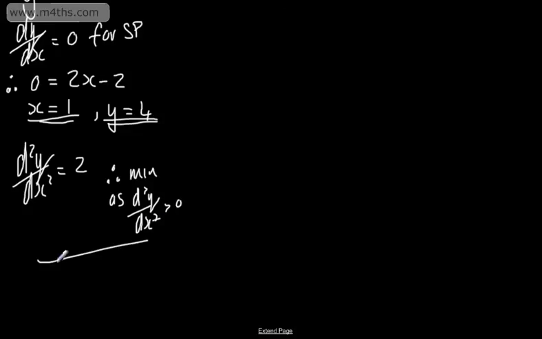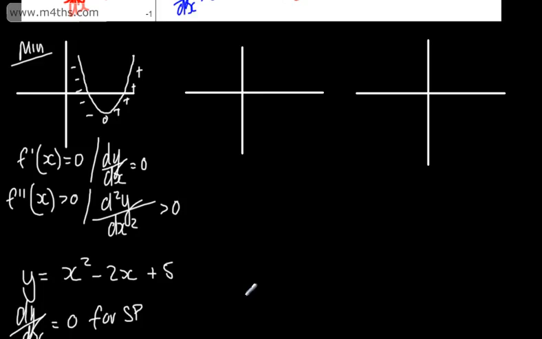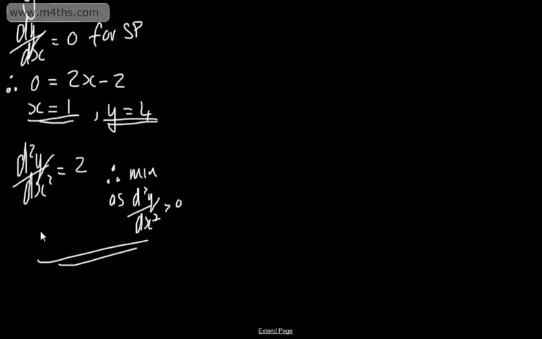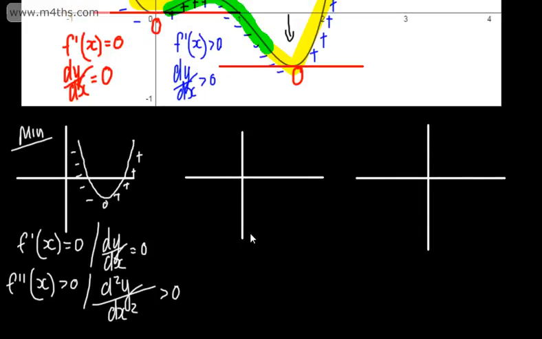You're probably shouting at the computer screen saying, why didn't you complete the square? Absolutely, we can complete the square to find a maximum or minimum point of a quadratic function. That won't work though for a cubic function or some other polynomial. So we have the choice of either completing the square or using differentiation. Hopefully you can see now that this is why we would use differentiation as an alternative.